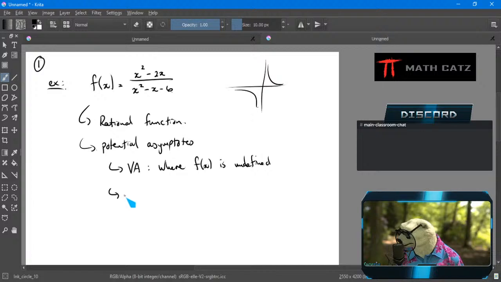And also horizontal asymptote, that is when x is going to go far in either direction. What is happening to the graph? And that's very much a question that is going to have something to it in the case of a rational function.